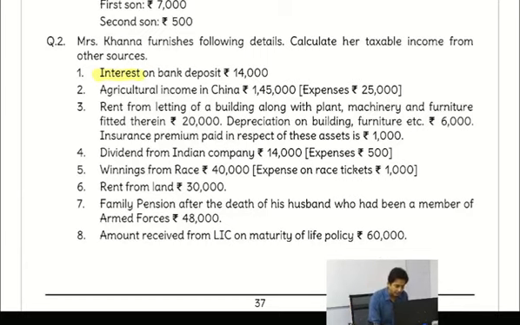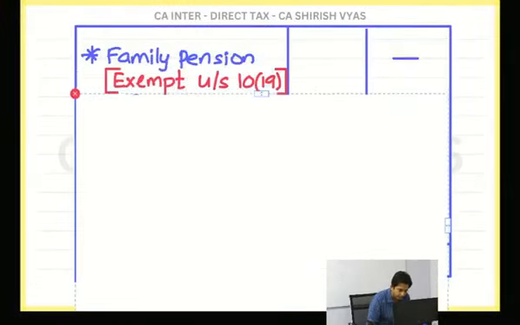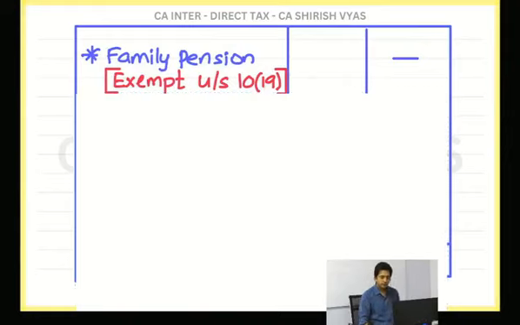See how I have written, and in bracket you have to mention the section also. Look here. Whenever anything is exempt, you have to write the section, and right now you write with red pen. In exam you have to avoid red pen. In fact, you cannot use the red pen in exam. Exempt under section 10(19), amount column dash.